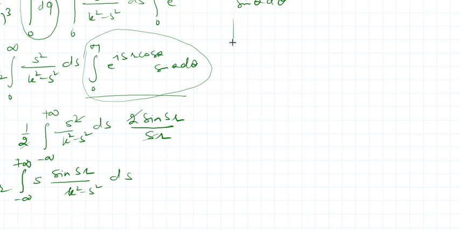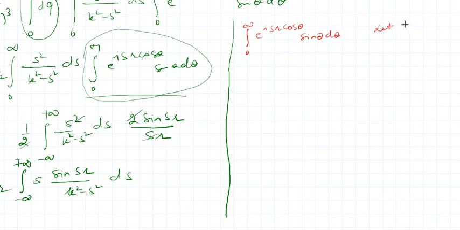So for this, let us proceed as follows. Consider the integral 0 to pi e raised to power iota s r cos theta sin theta d theta. Here let cos theta be equal to t.